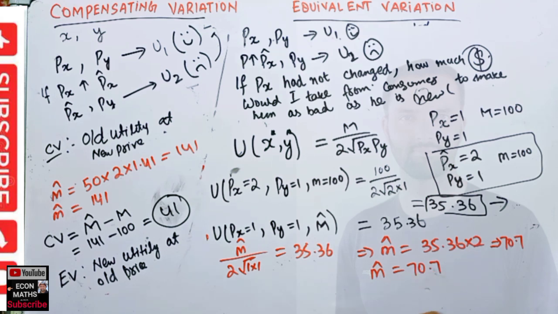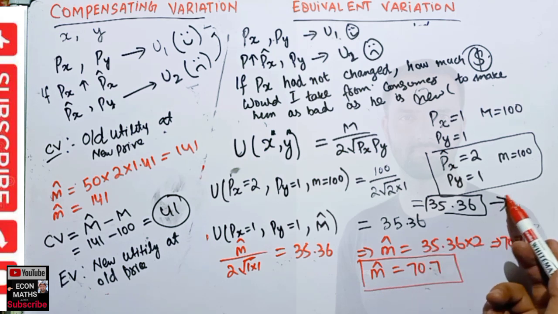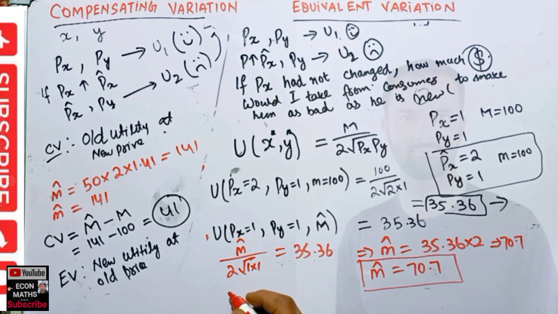Now how much money do we need to take from the consumer to make him as bad as he is this time? So here equivalent variation will be equal to m minus m hat.